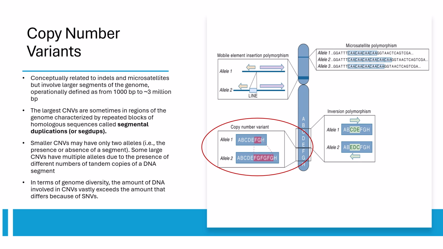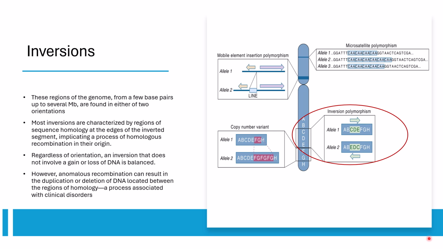of DNA. And the last type of larger variants that we'll talk about is the inversion variants. With inversion variants, there is a region in the genome, either a few base pairs or several megabases, that is found in either of two directions. This is an example here: in allele 1, CDE is in that direction.